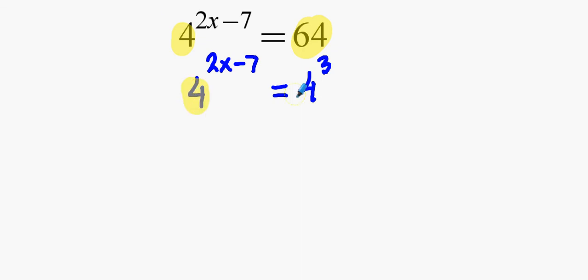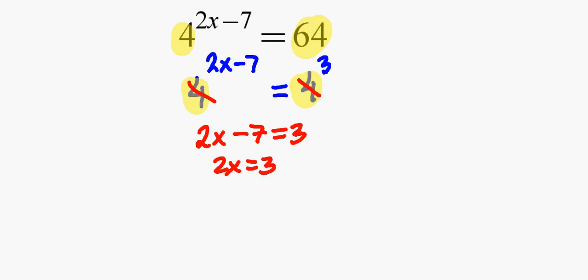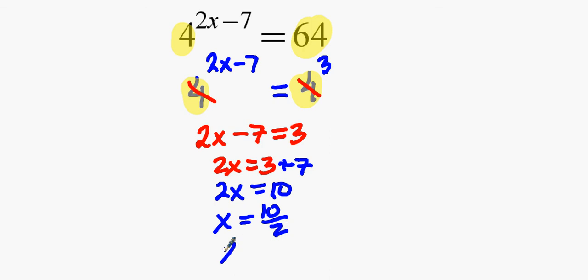We see that our base is the same, so we can ignore the base and just set our exponents equal to each other and solve. So 2x minus 7 equals 3. Move that negative 7 over here, so 3 plus 7. So 2x equals 10. x equals 10 divided by 2. x equals 5. This was just a little review of solving a linear equation.